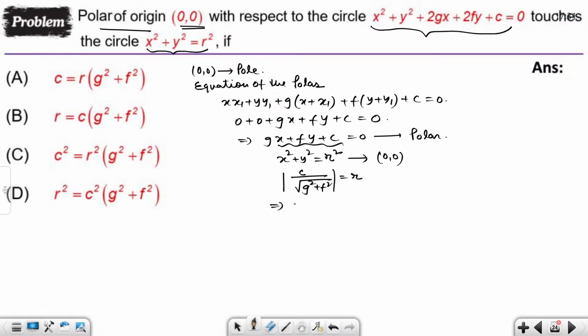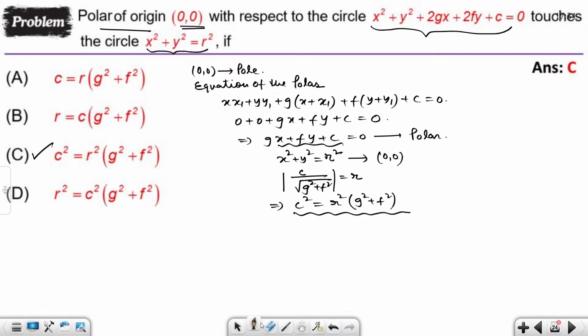So that gives us, squaring both sides, c square equals r square into g square plus f square. Is it clear? So that is the condition that we got. Hence, our option C is correct. Have you understood the fact? It is simply a question of pole and polar.